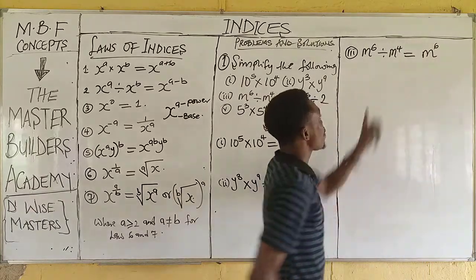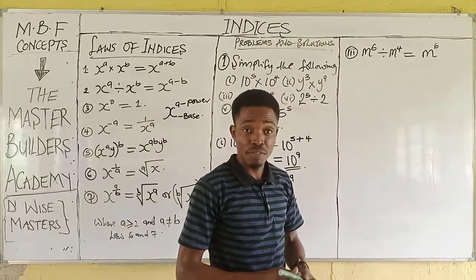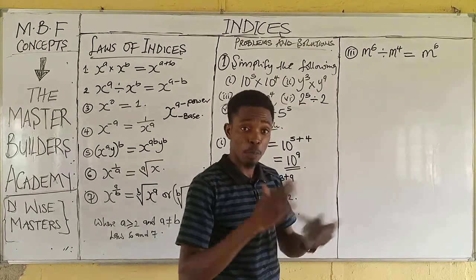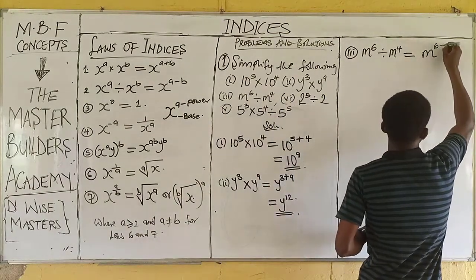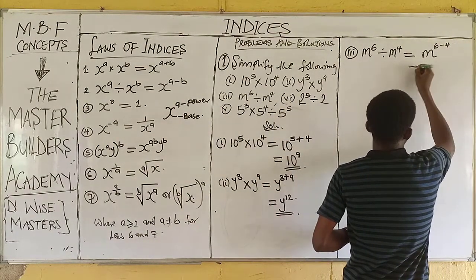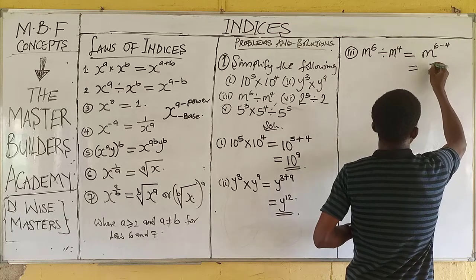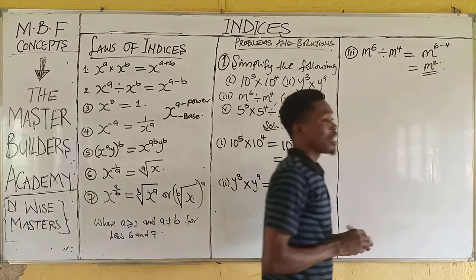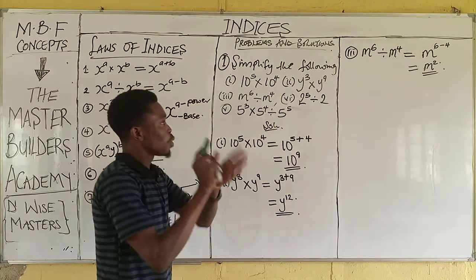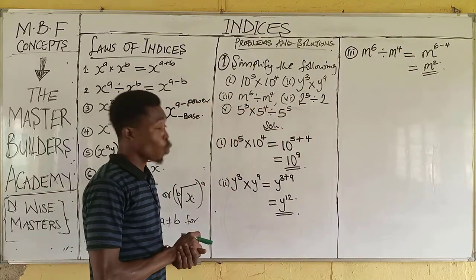Now what connects the second base to the first base is what? Division. And division turns towards subtraction in indices. That is to say we have to subtract their powers. Then when we remove 4 from 6, the power remains 2. This is the answer to this very question.